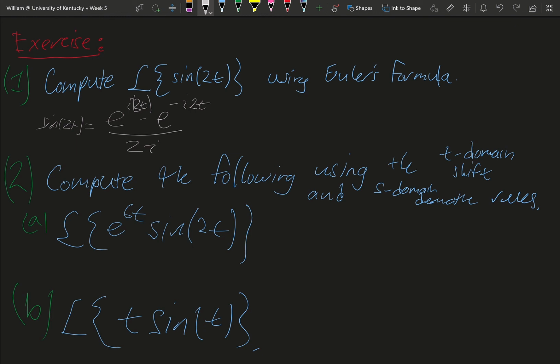So if we compute the Laplace transform of sine, we should have 1 over 2i. We'll just pull that out, and then adding these things together: 1 over s minus 2i minus 1 over s plus 2i.